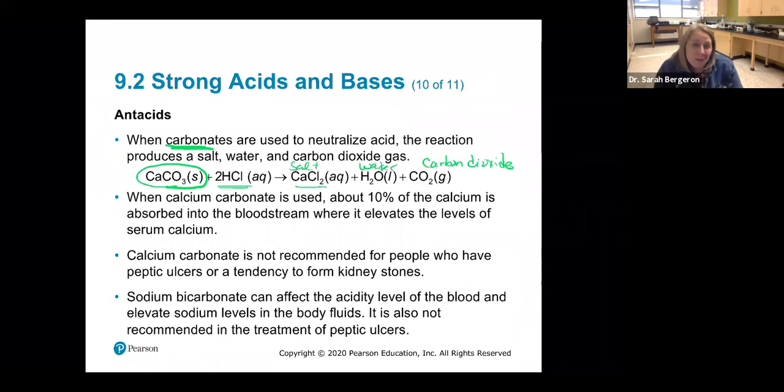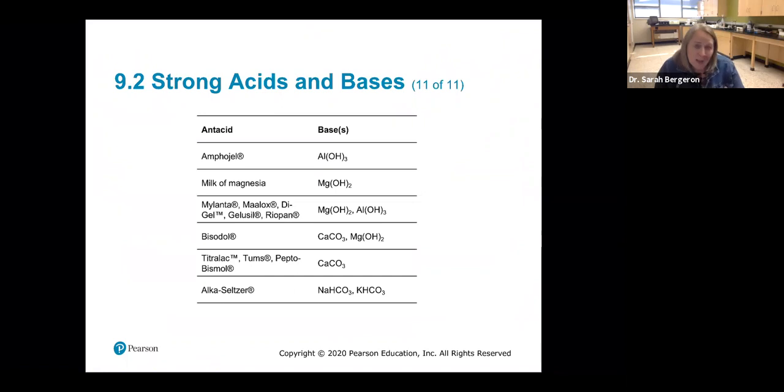But you can take sodium bicarbonate, right? And you can consume it, and you can affect the acidity level of your blood. And so you have to be very careful if you have damage to your stomach already in what you take. So you have to be very careful if you have peptic ulcers and things like that.